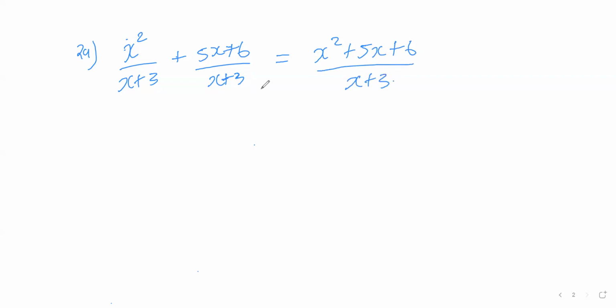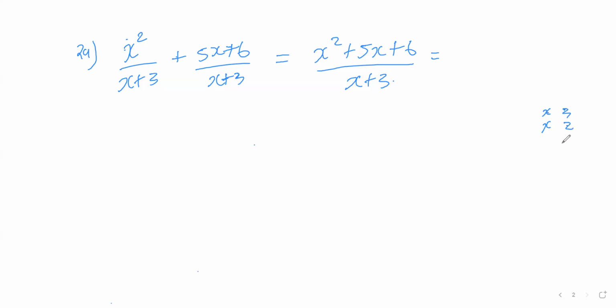Okay, and from here, it looks like we can factorize the numerator and have some of its factors cancel out with the denominator. So if we use our trial and error method to factorize that quadratic expression, we get factors of x squared are x and x, factors of 6 are 3 and 2, basically, all right?